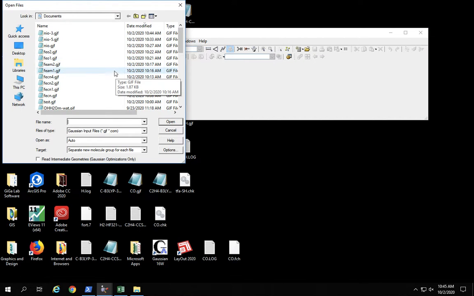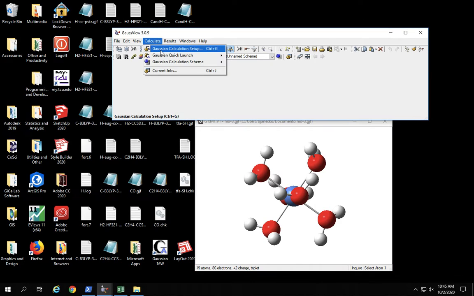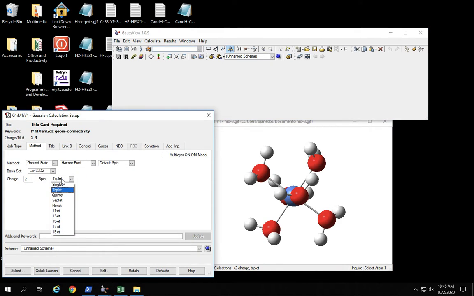Now I'm going to do the same calculation at the same geometry, but I'm going to look at the singlet state. Now here I'm going to add some extra keywords to accelerate the self-consistent field convergence.